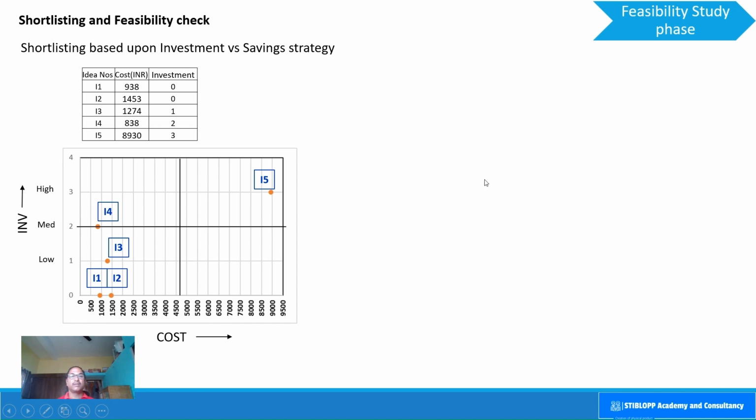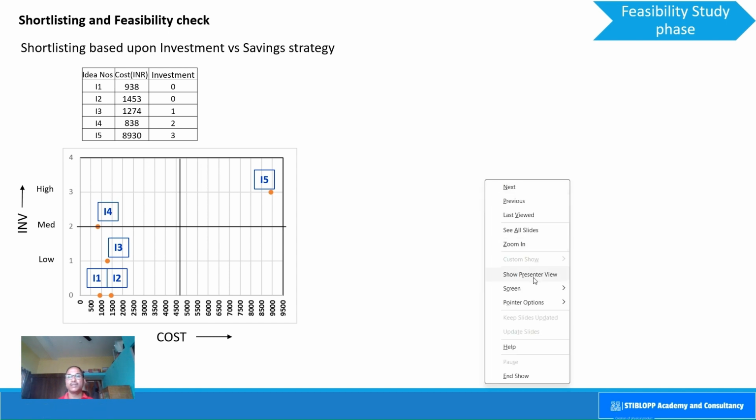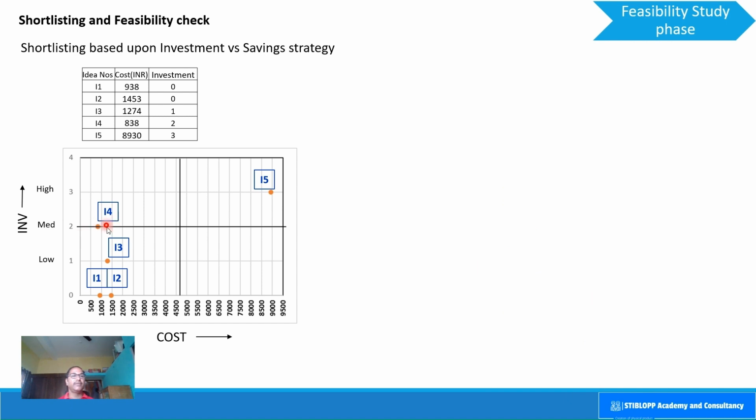Idea 4, let me bring up the laser. So idea 4 calls for medium level of investment. However, the cost is less as compared to all these ideas. And idea 5, I have put it under a very high investment and a high cost.